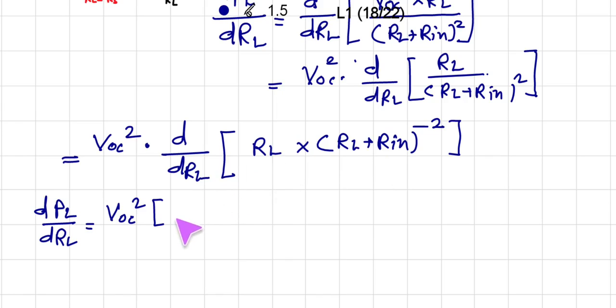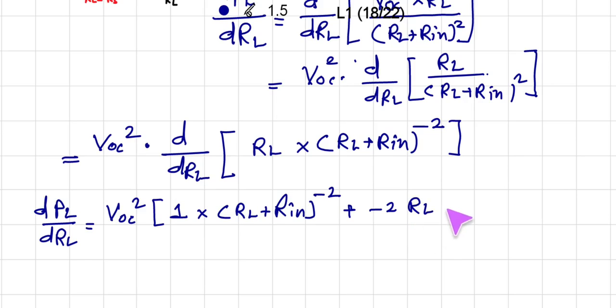With respect to RL, the derivative of RL is 1, into the second term as it is, that is (RL plus Rin), plus the derivative of the second term, that is minus 2 times RL into (RL plus Rin) raised to minus 3.